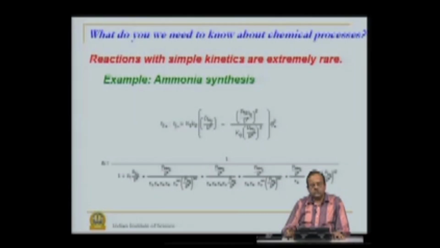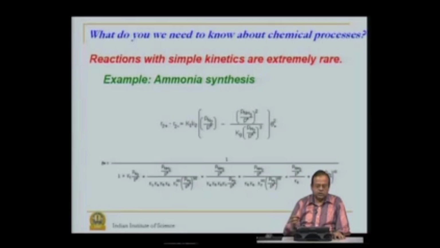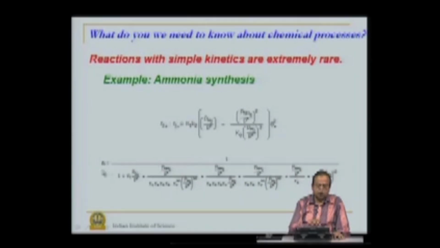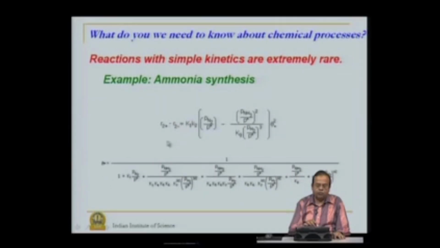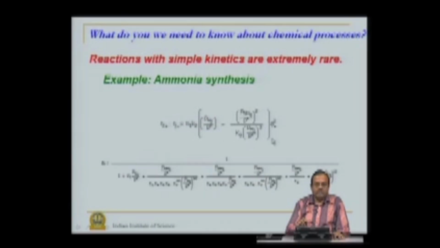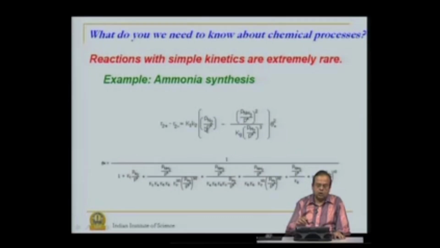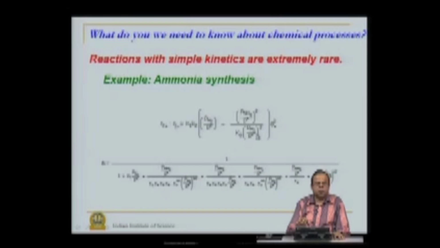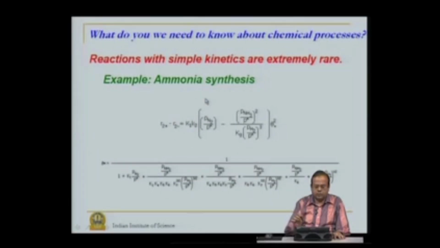In practice, the kinetics of the processes are fairly complex. I have given here an example of ammonia synthesis, which tells us what is the rate of synthesis of ammonia, and it is actually a complicated equation involving nitrogen partial pressure, hydrogen, total pressure, ammonia pressure, and so on, and it is a complex function.